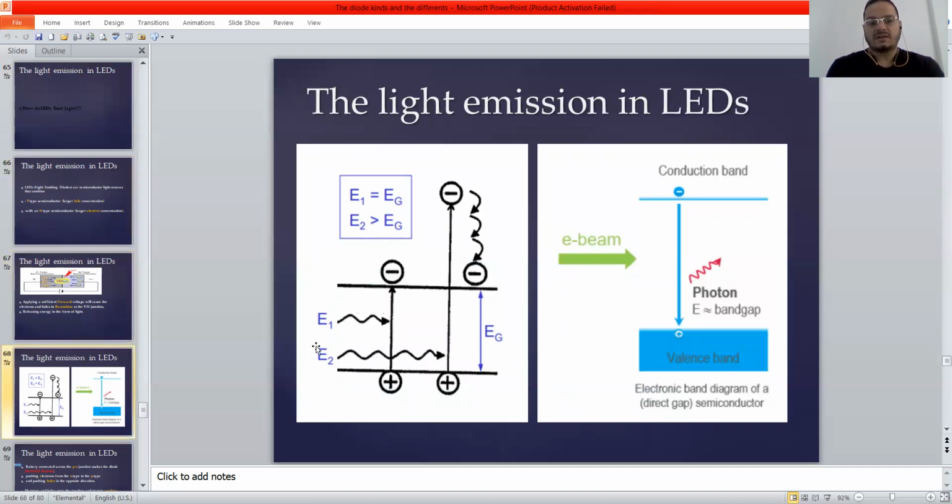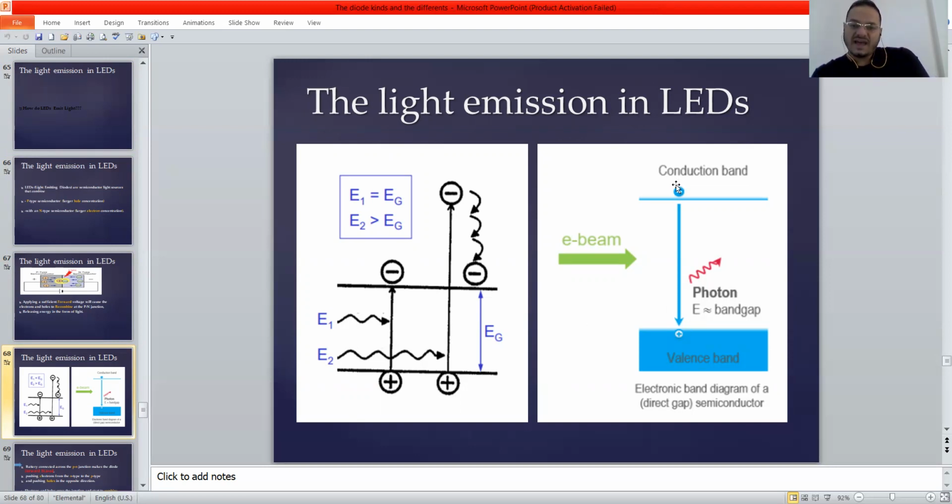Here, at E equal to Eg, electrons jump up, leaving holes behind, across the energy band gap, and after a very short lifetime of a few seconds, the electrons come back to another point in the valence band.